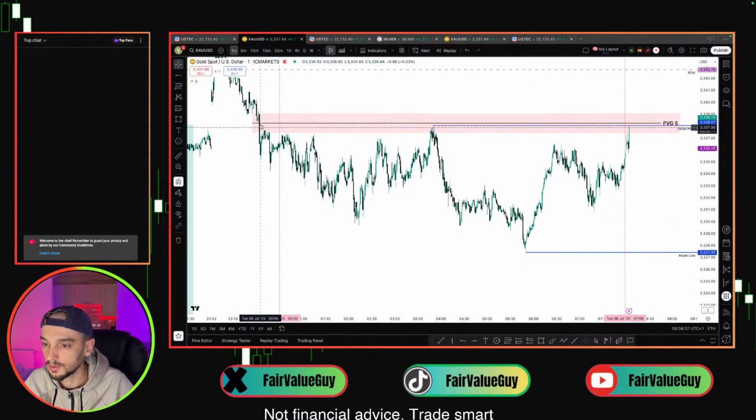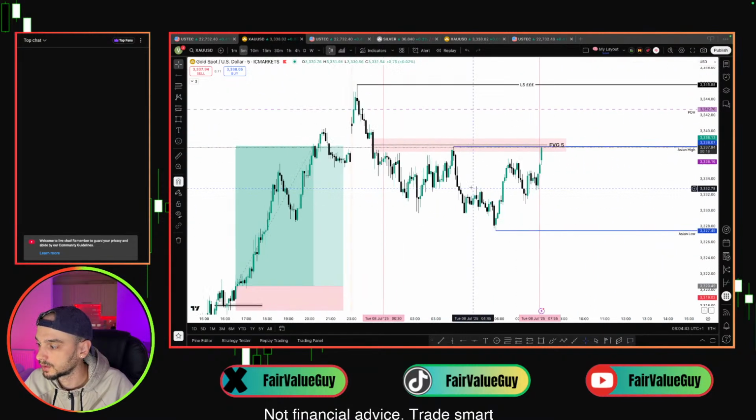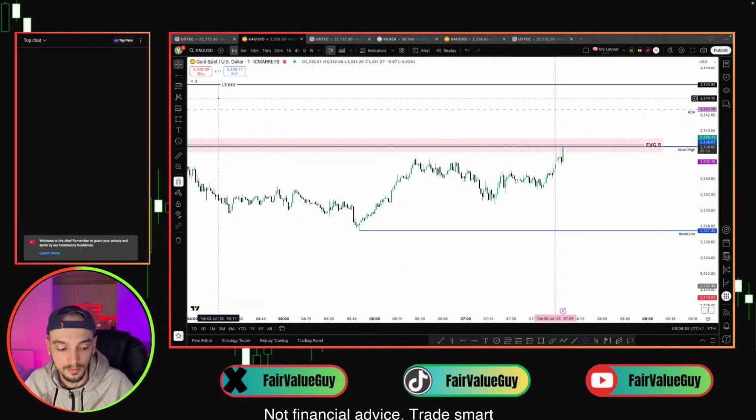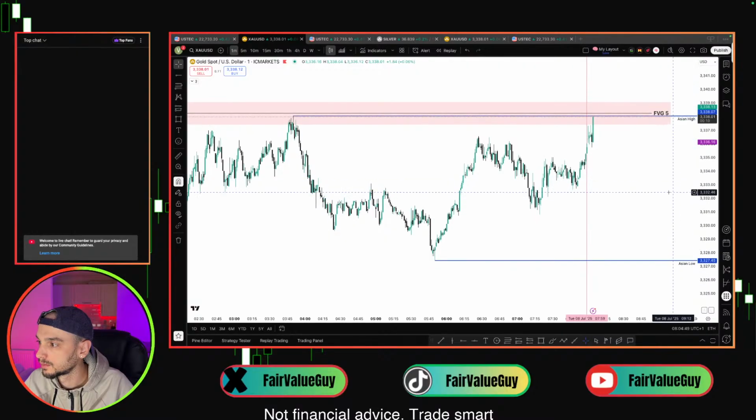There is 1 minute fair value gap as well here. We're more interested in what's gonna happen on the 5 minute time frame. It took Asian highs.